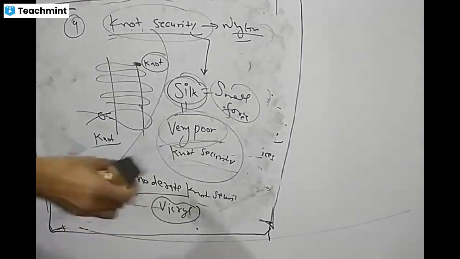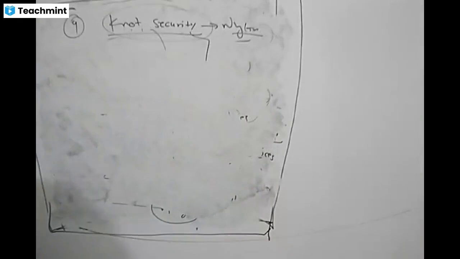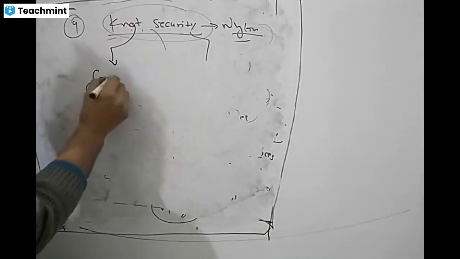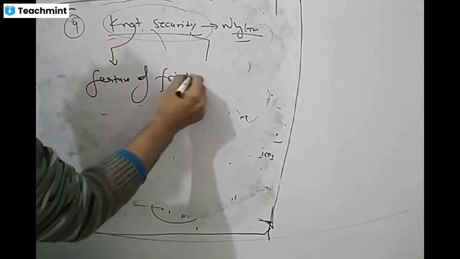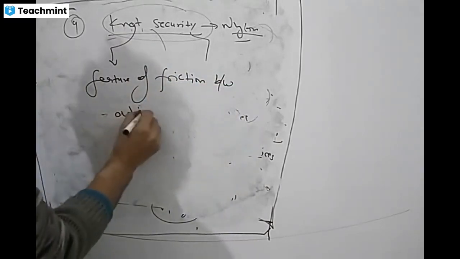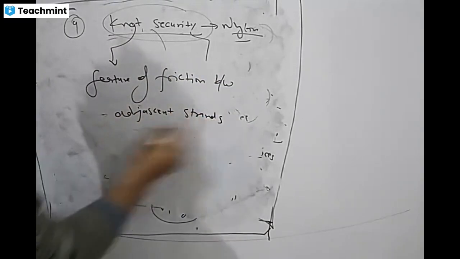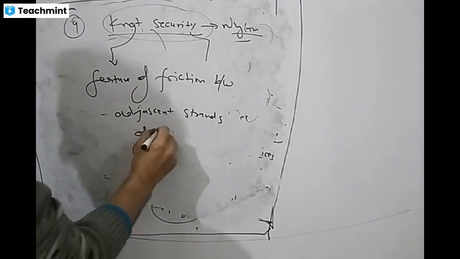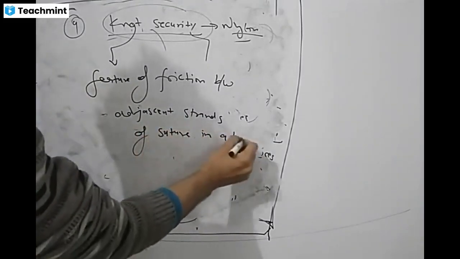So if we define what knot security is: knot security is nothing but a feature of friction between adjacent strands of suture in a knot.